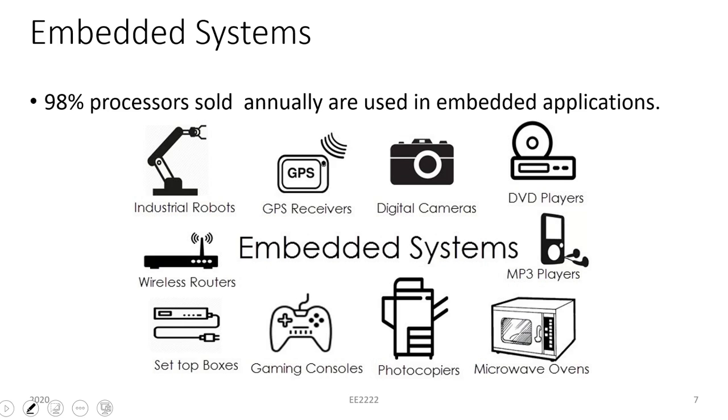And many of those would be in the form of system on a chip as well. So these could be industrial robots, mobile phones, routers and other networking devices, media players, cameras. A lot of these devices may use system on a chip based implementations.